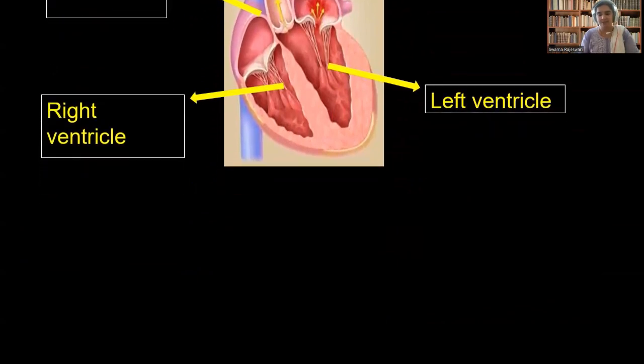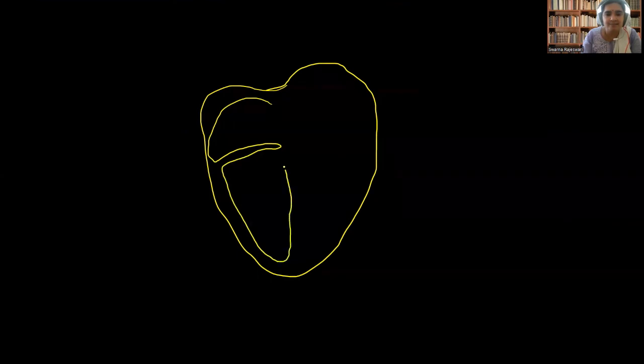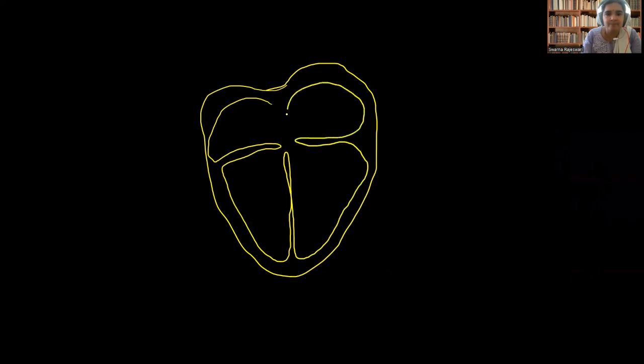Now I will draw and explain so that you also can draw easily. So when we draw the heart, up to now we have learned that auricles are smaller when compared to ventricles.